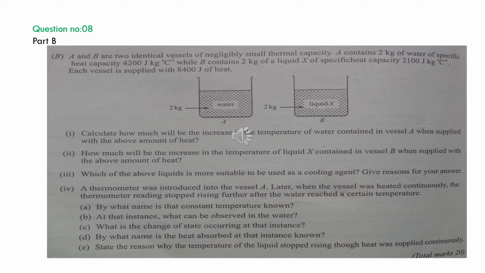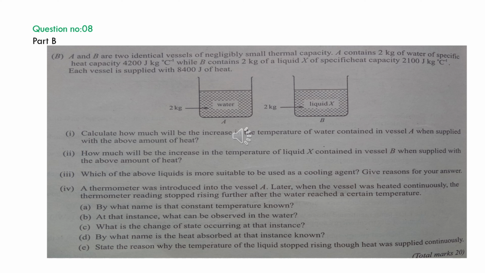In part B of question number 8, here you can see two identical vessels, and there are 2 kilograms of water in one vessel and the other one is filled with 2 kilograms of liquid X. The first part asks, calculate how much will be the increase in the temperature of water contained in vessel A, when supplied with the above amount of heat.